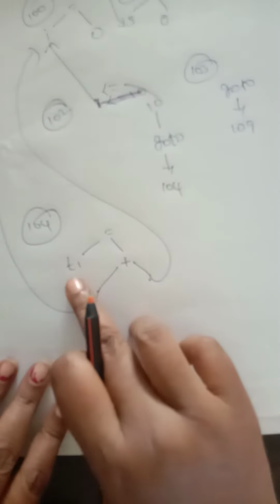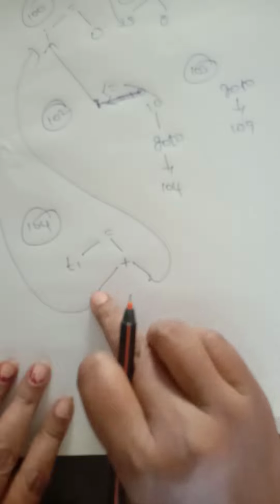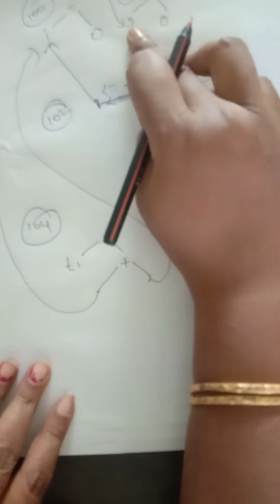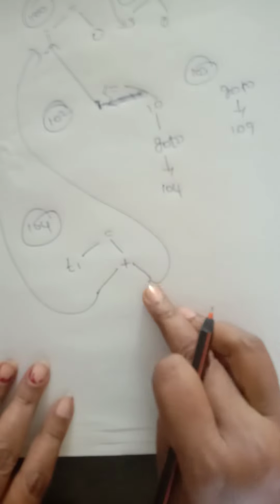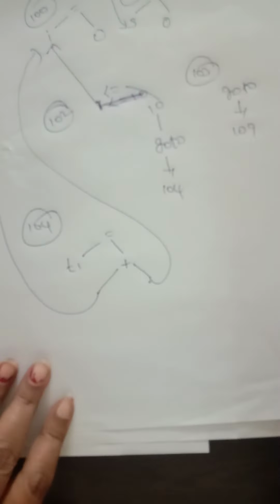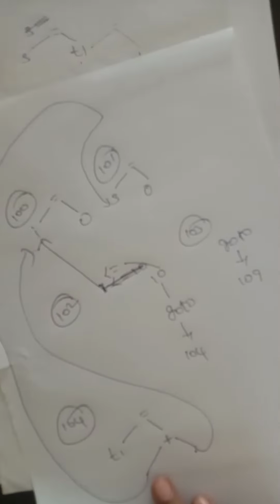So you just point out this. So T1 equal to what? Here it points out the line number 101, S plus I. So this is for 104.